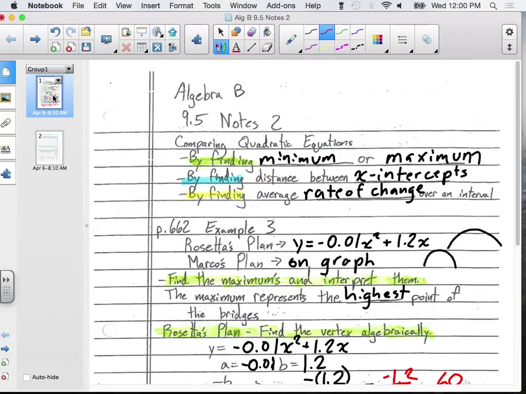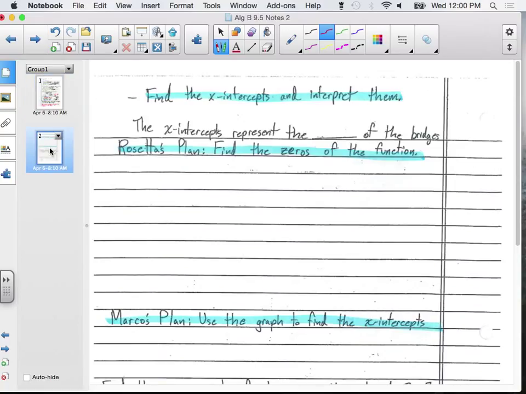What do you think the x-intercepts would represent for a bridge? The distance. Yep. So where one bridge starts to the other side of the bridge where it ends, that is the total distance of the bridge.